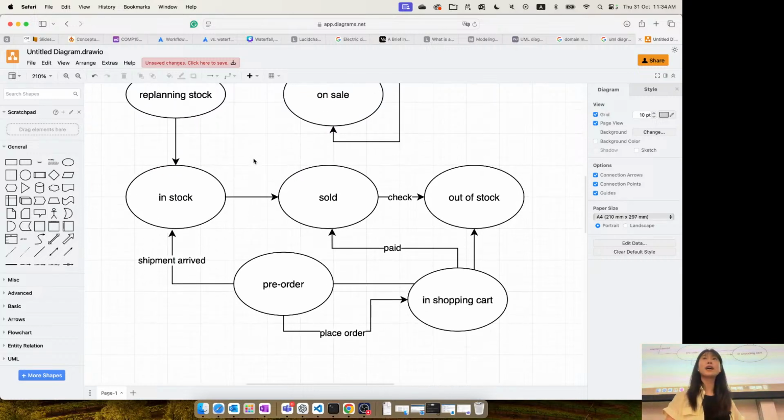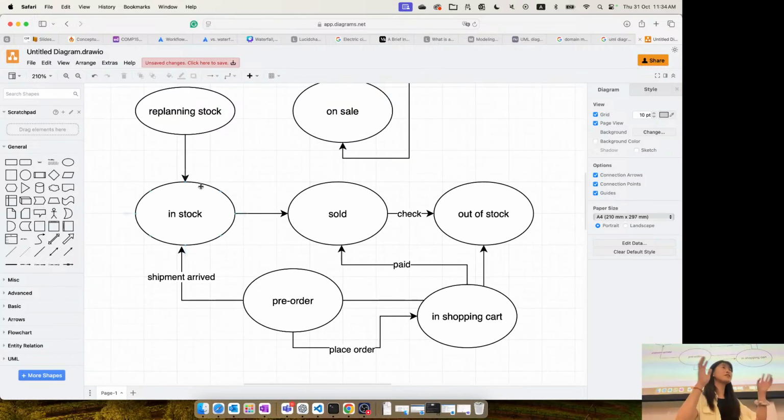So there may be a missing state called order is cancelled, right? It's quite easy to modify this kind of conceptual model rather than a very long document where you need to modify and add things. That will be a lot harder, and it's also a lot harder to identify potential problems.